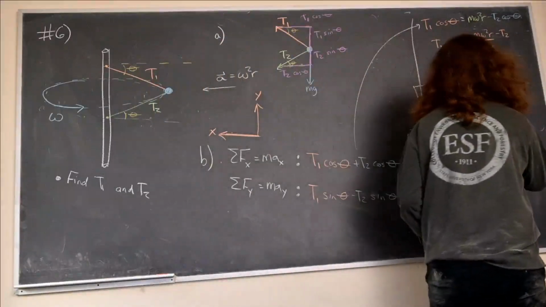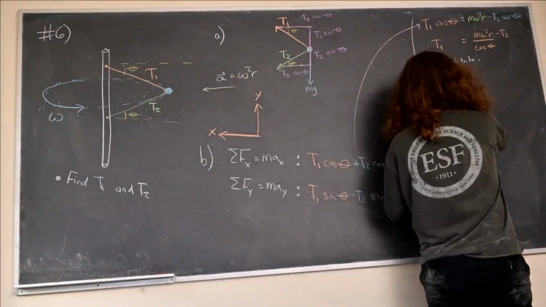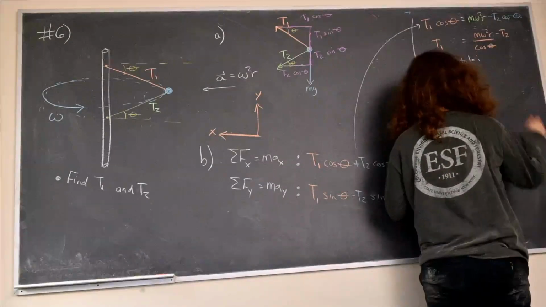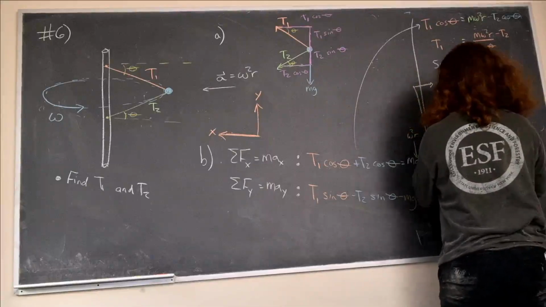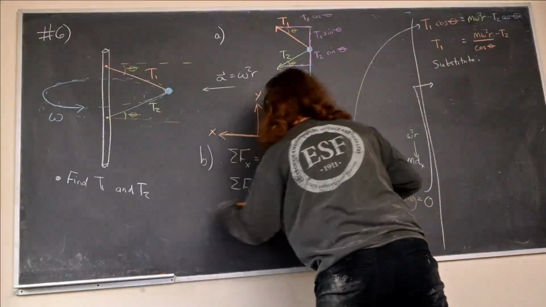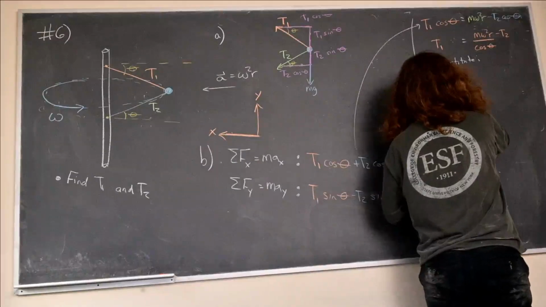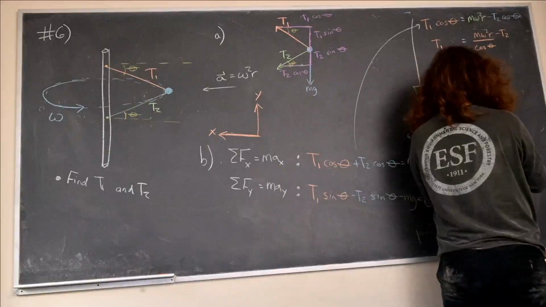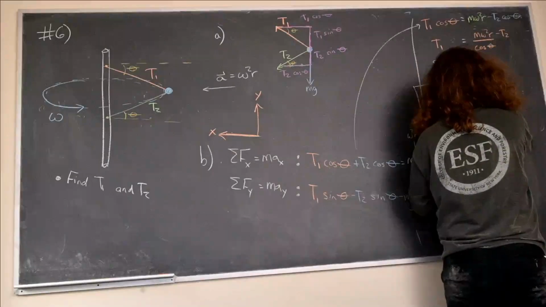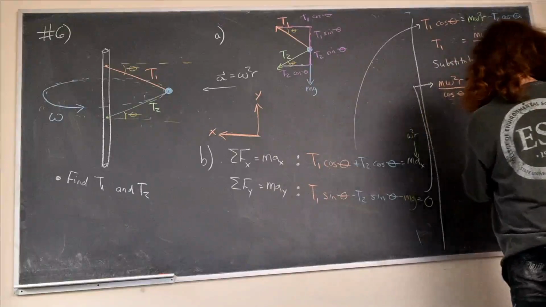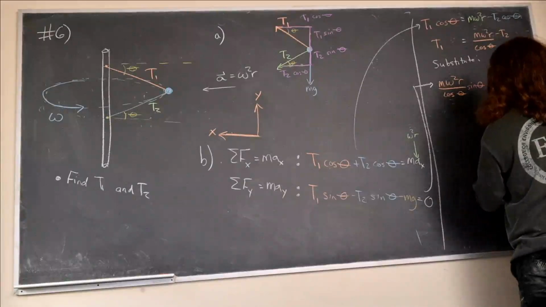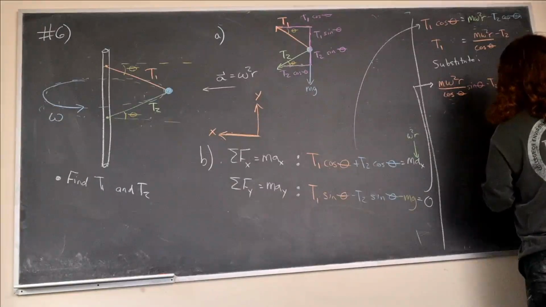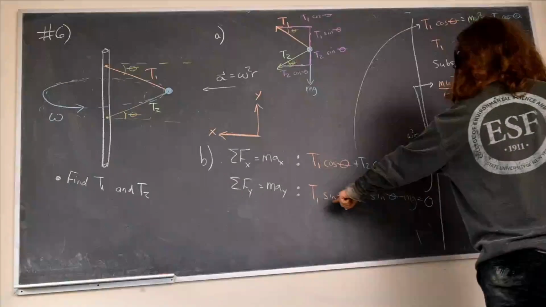So m omega squared r, we'll stick with colors. M omega squared r over cosine theta times sine theta minus T2 times sine theta. So that's all this.